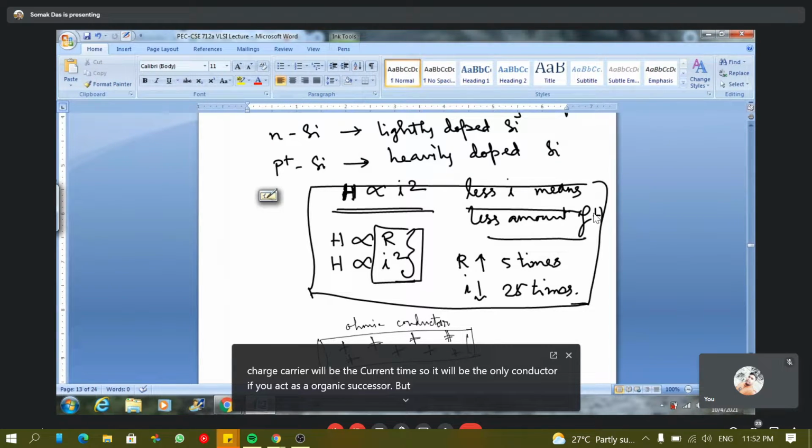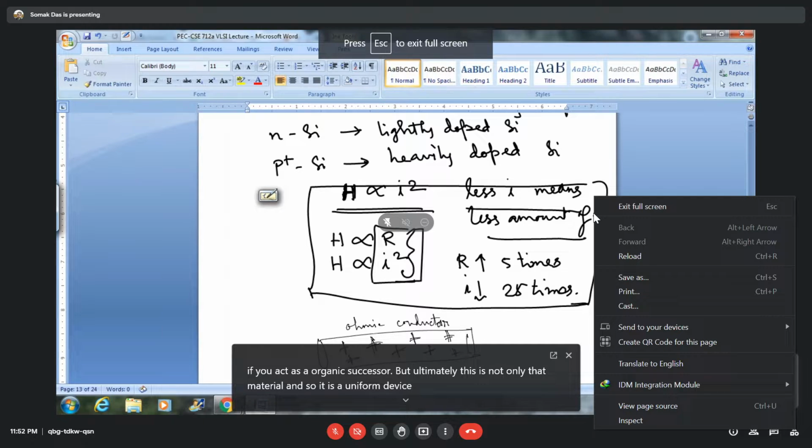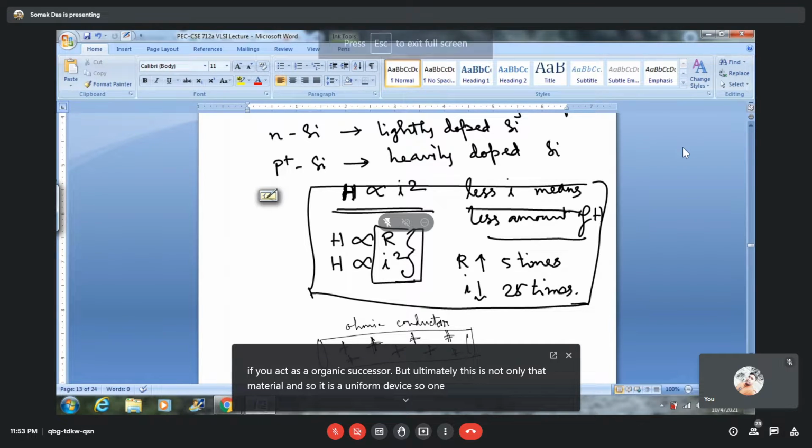But ultimately this is not an ohmic material, it is a semiconductor material, and so it is a unipolar device. So one type of charge carriers will ultimately play the role of current flow, and these are positive charge carriers.